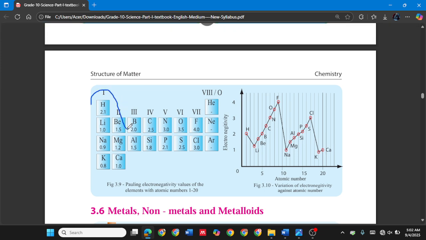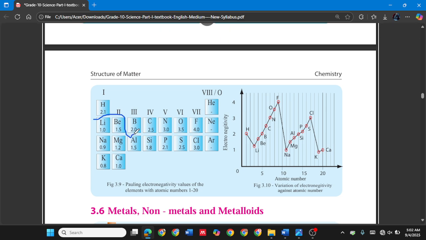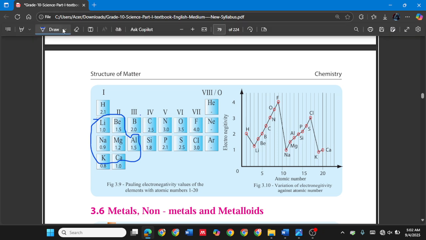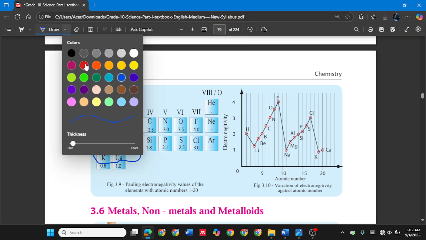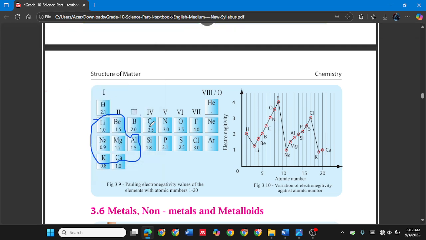these are... okay. We should remove hydrogen. As your knowledge, you know these are metals, and let's use another color for metalloid.